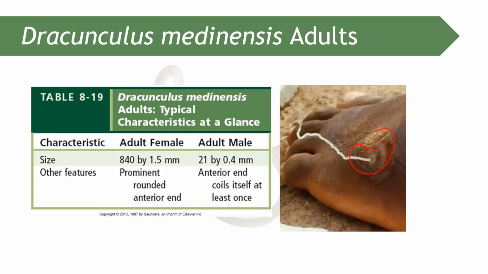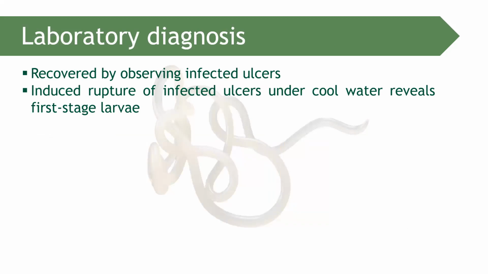The female is typically 840 by 1.5 millimeters, while the male is 21 by 0.4 millimeters, with a prominent round anterior end and a coiled tail for the male. It can be observed from infected ulcers. Induced rupture of infected ulcers under cool water reveals the first stage of the larvae.